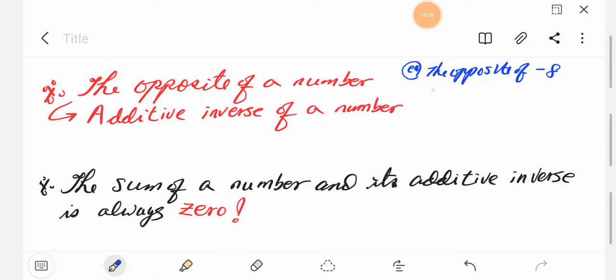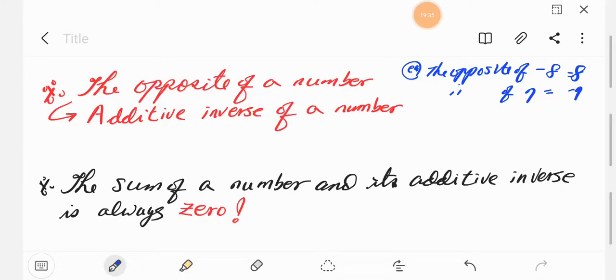Then the opposite of negative 8 is positive 8. I change the sign of this number. So let me write it here: the opposite of negative 8 is 8. How about, what's the opposite of 7? Then the opposite of 7 is, change the sign, so negative 7.